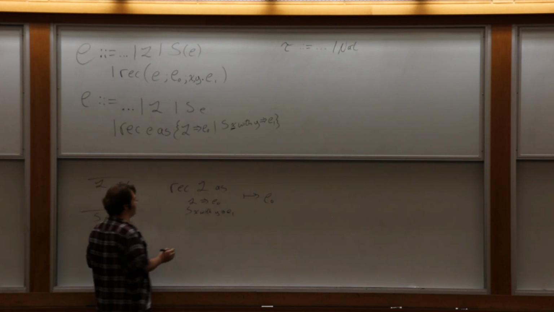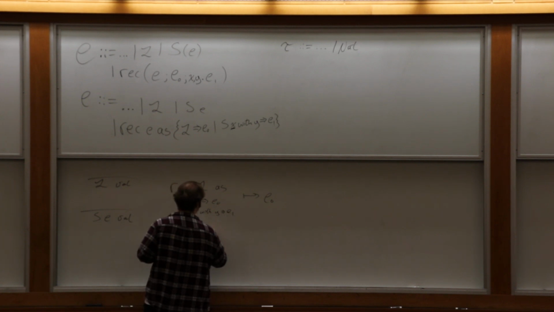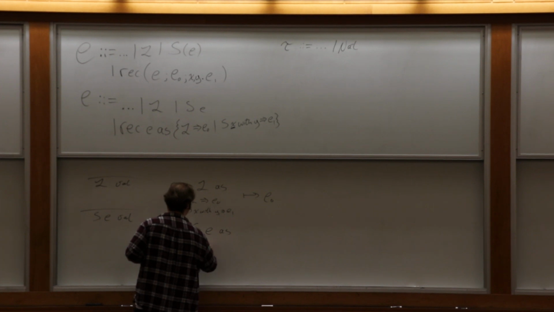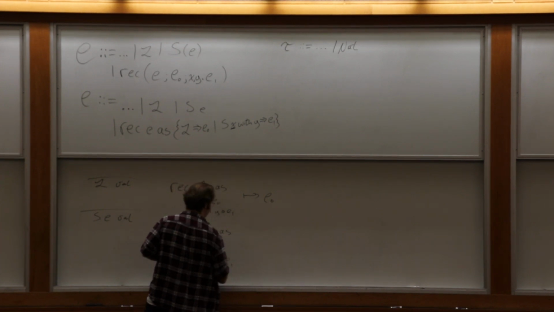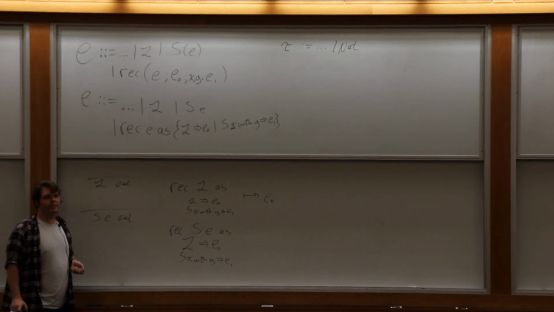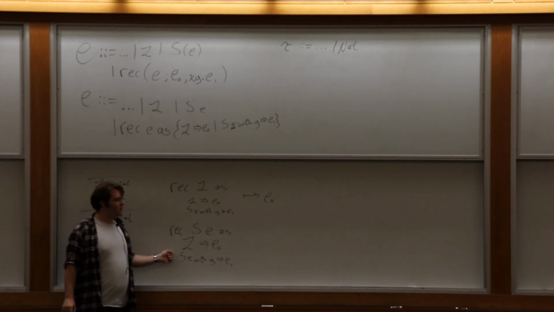What about the interesting case? What happens if I'm given successor of some e as z goes to e0 and successor of x with y goes to e1? What do I do here? So this is, again, a lot like the case for sums, and also kind of like the case for functions.